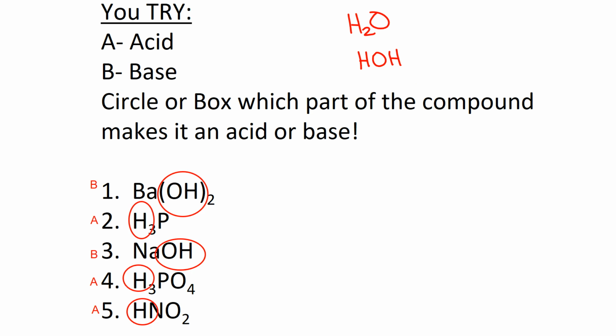So water is a class of compound that's considered to be amphoteric. Amphoteric means it's an acid or a base. It just depends on the situation, and it can act as either one. So you'll find a lot of chemistry is based off of water doing multiple things. Mainly probably because it's one of the most common substances we have.